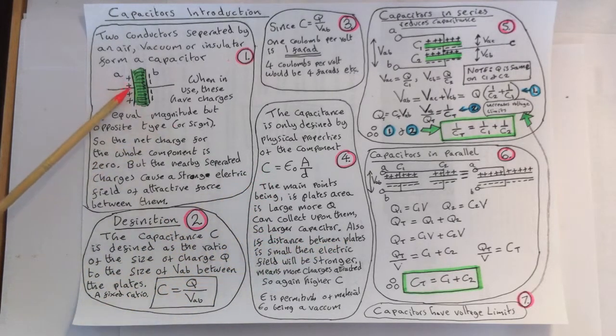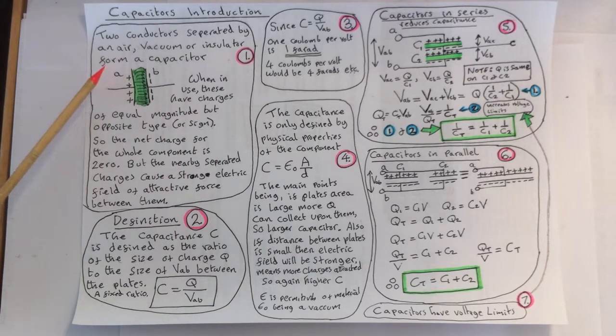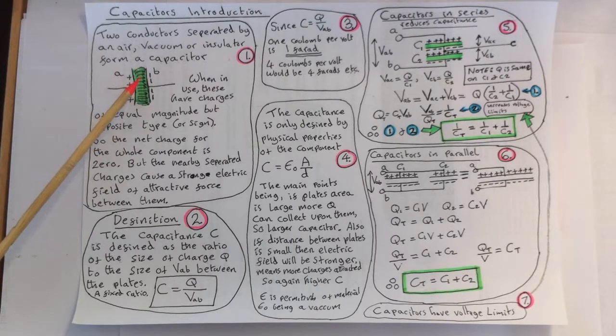Also, if this distance is very, very small, then the electric field, remember the definition of electric field is an inverse relationship, so it's much stronger when the distance is very small. So if we reduce the distance between these plates, we're going to see a much stronger electric field, and that also equates to a higher capacitance.